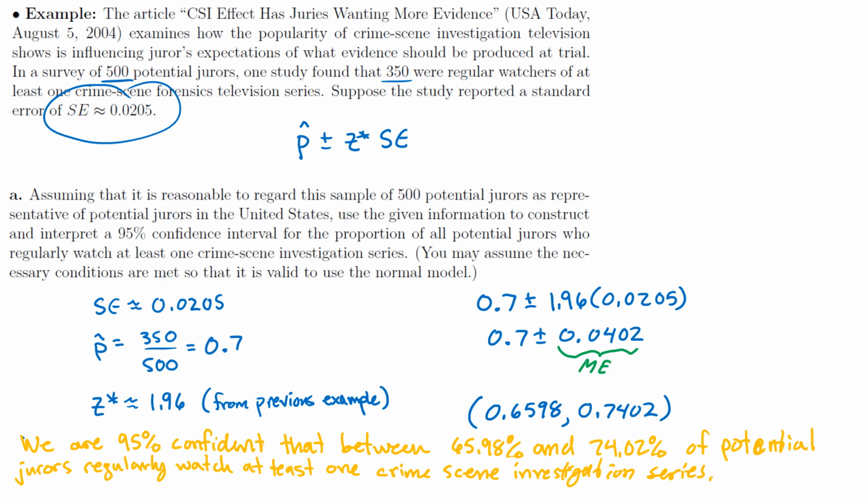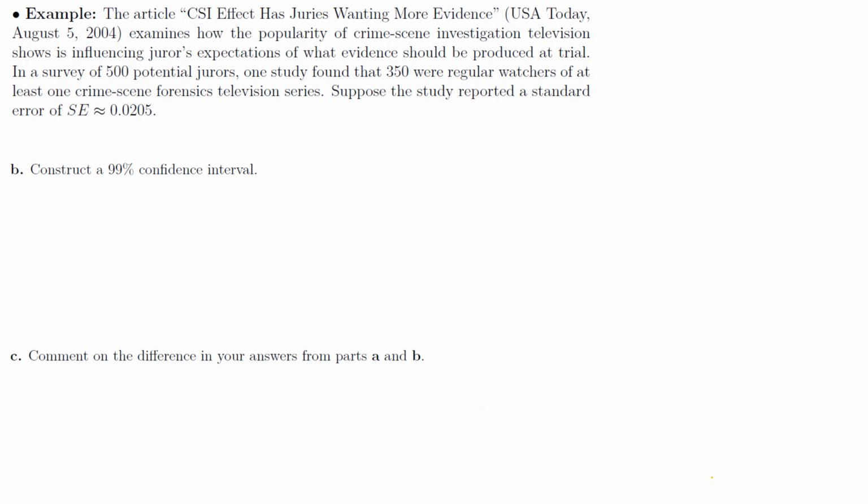Now in part B, what we want to do is the same thing, but we want a 99% confidence interval this time. Okay, so all the same information, same sample proportion and everything, but this time a 99% confidence interval. So sample proportion is still 0.7, standard error is still 0.0205, excuse me.